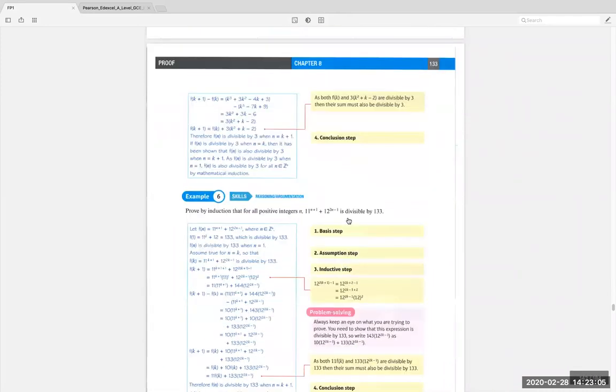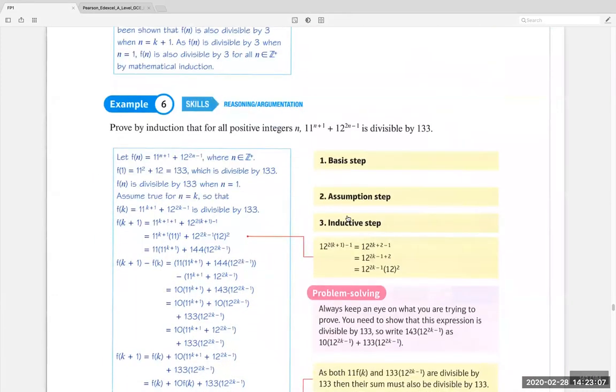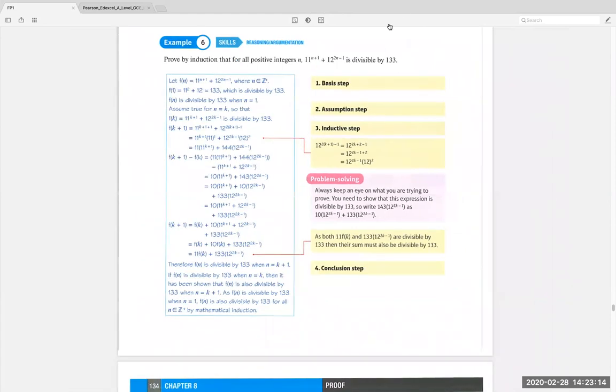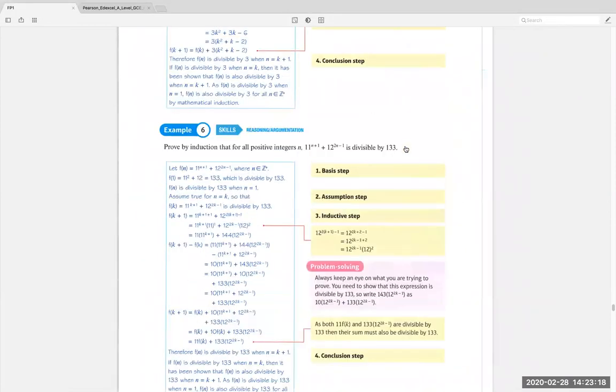I think this one seems so complicated. If you look at the steps here, you will never want to do this question again. So let's see how we can do it more simply using my method. First, let Pn be the statement. I'm not copying down the statement. You need to do it by yourself.